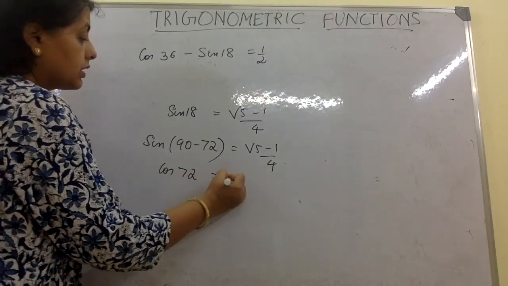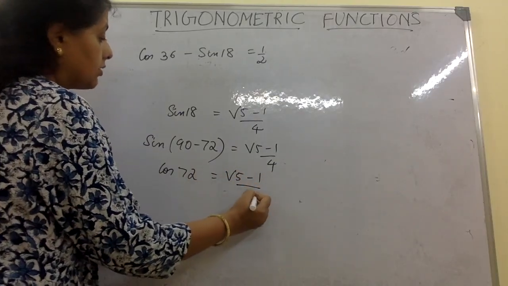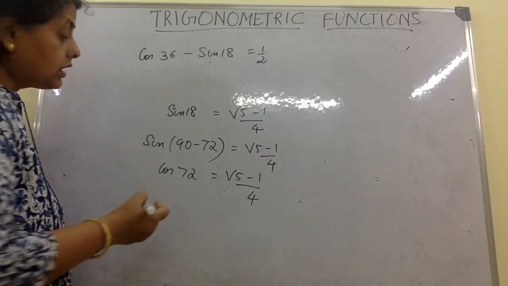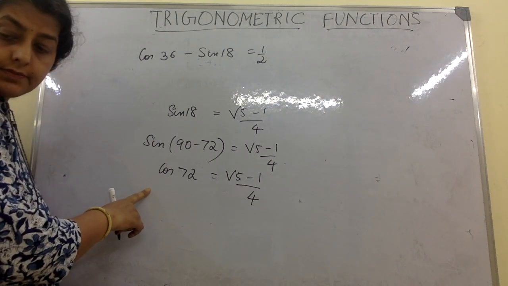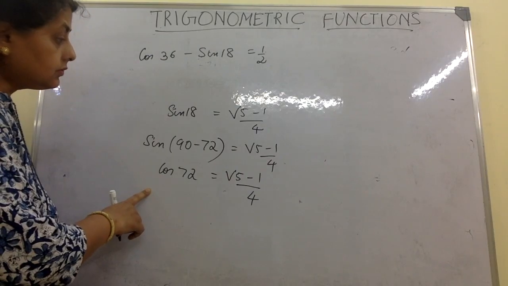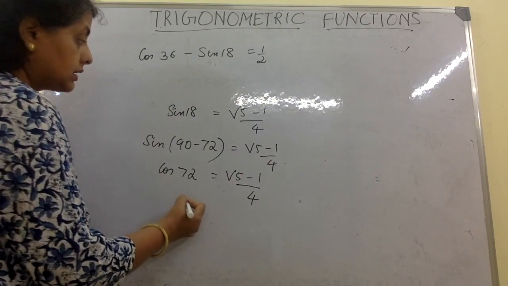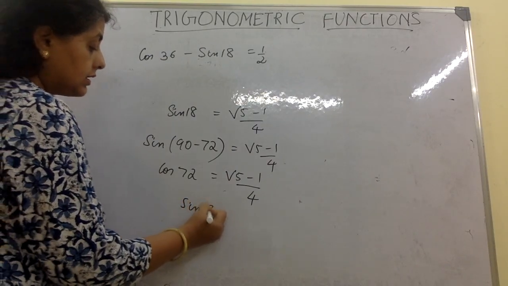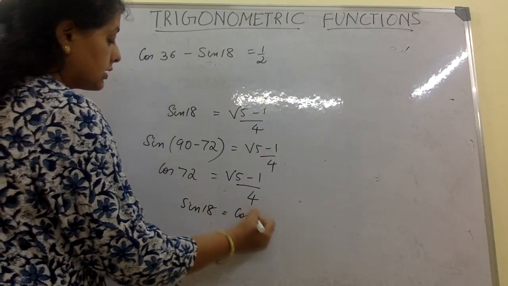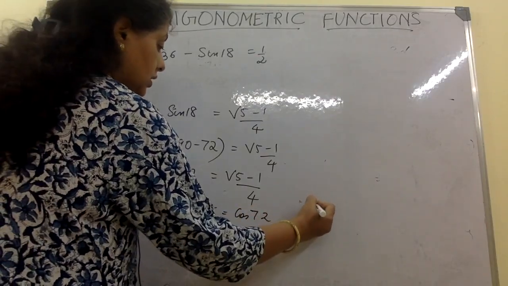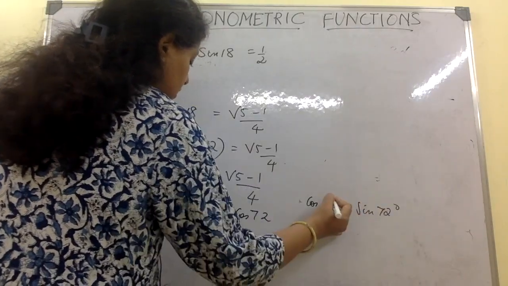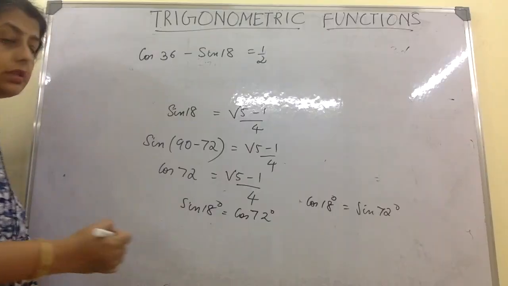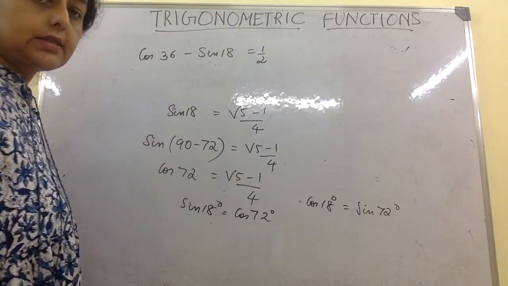Cos 72 is root 5 minus 1 by 4, right? So this is coming from complementary angles. That means sine 18 is equal to cos 72. Similarly, cos 18 will be equal to sine 72 degrees. Please make a note. This is coming from complementary angles.